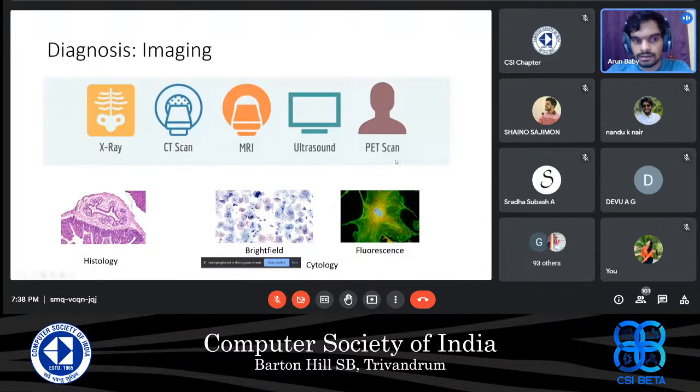Similarly, here there are a lot of imaging techniques such as X-ray, CT, MRI, ultrasound, and PET scan for in vivo imaging.